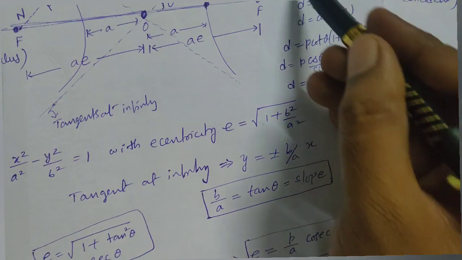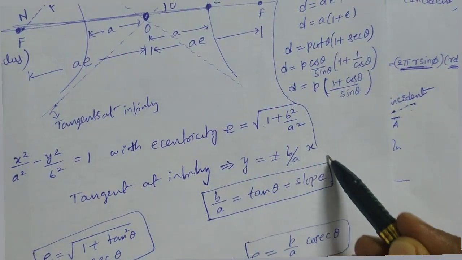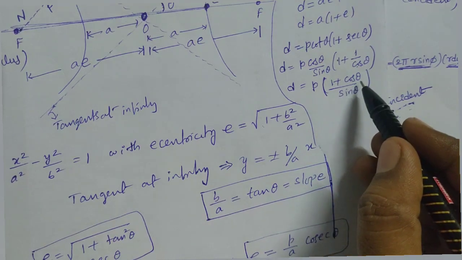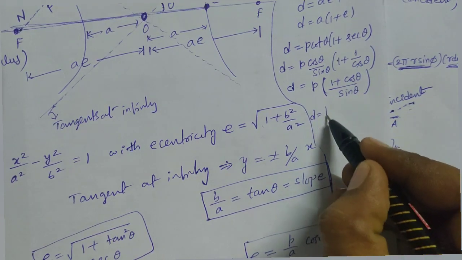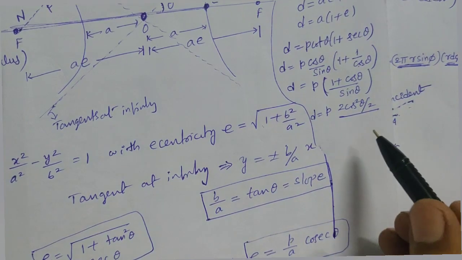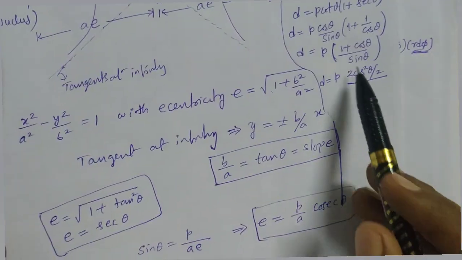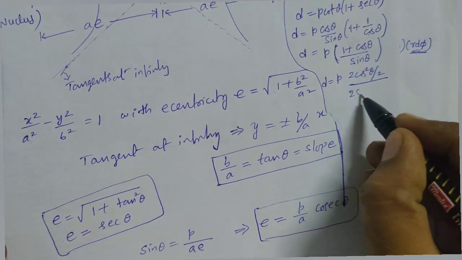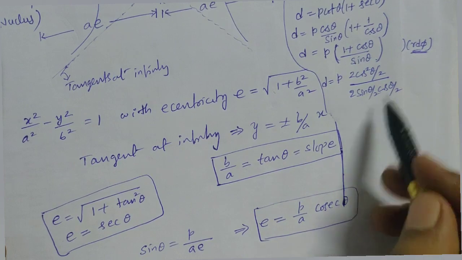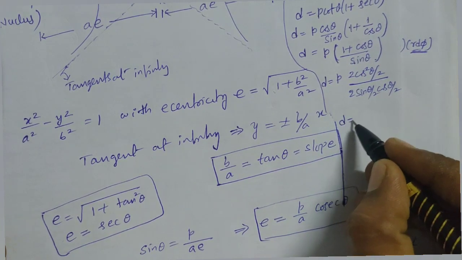We can simplify further if required. 1 plus cos theta can be written as 2 cos square theta by 2, and sin theta can be written as 2 sin theta by 2 cos theta by 2, using half angle formulas.